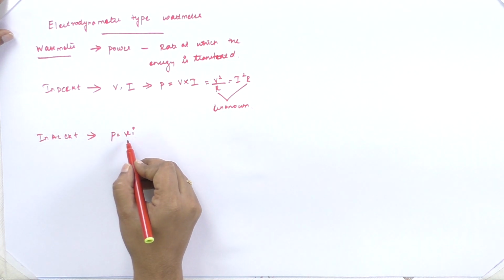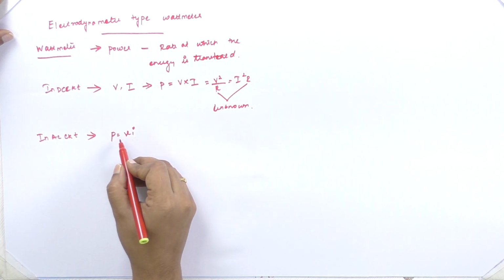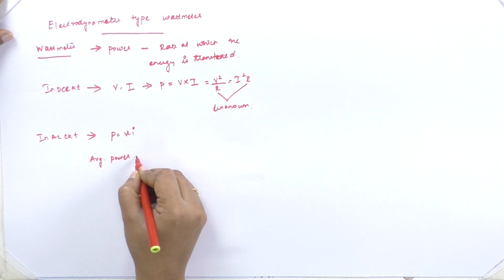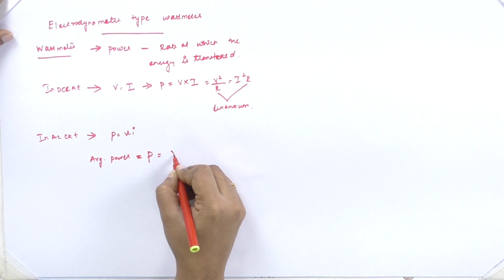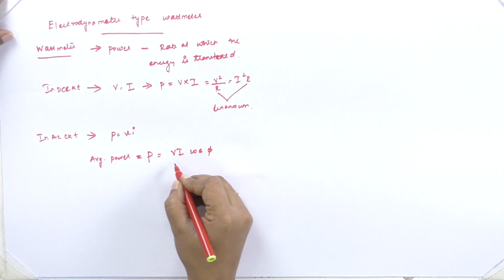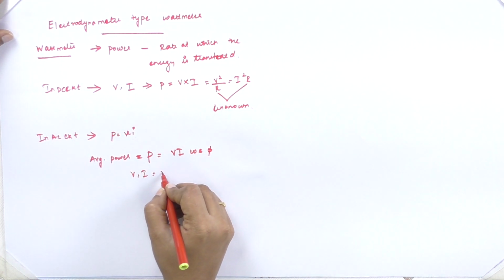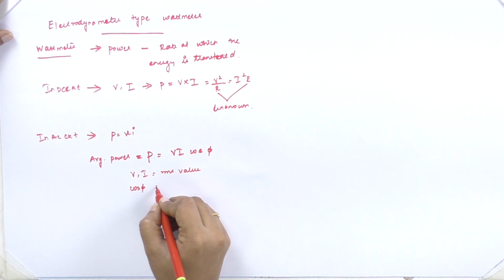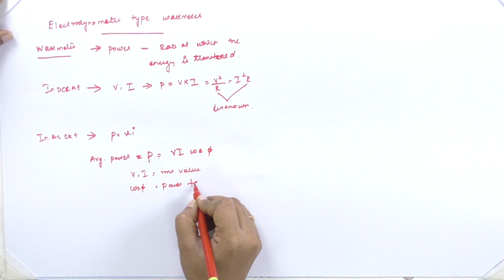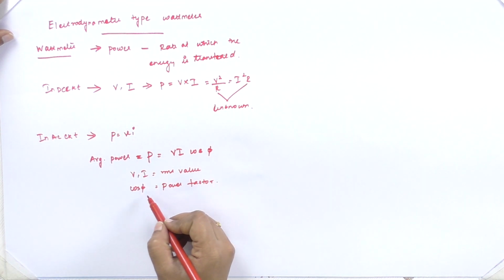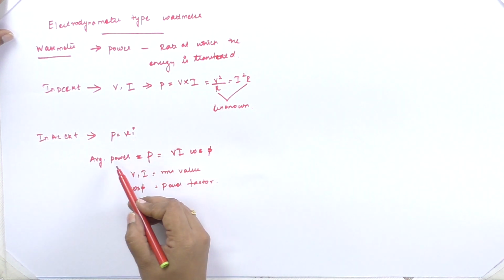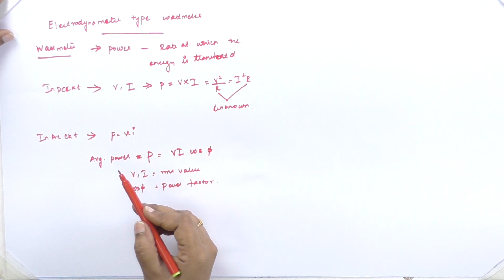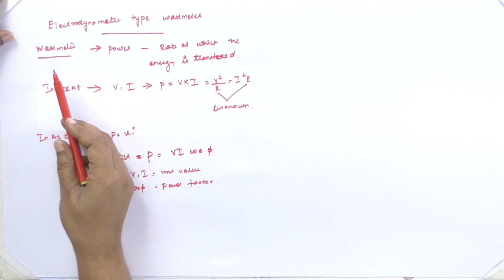By substituting the instantaneous values of voltage and current in this equation, we get the average power over a cycle as capital P equals VI cos phi, where V and I are the RMS values of voltage and current, and cos phi is the power factor. So in AC power measurement, this power factor comes into the picture for calculating the average power. For measuring this average power in an AC circuit, we use a wattmeter.